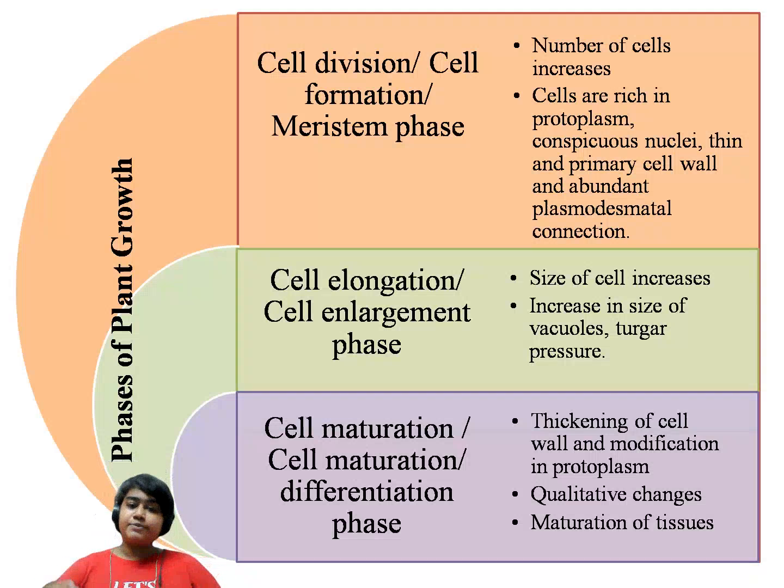In this phase, the divided and enlarged cells modify or change qualitatively. That is, these cells get a thicker cell wall and they form a modified protoplasm. There is no new cell division, only the qualitative character of the cell is changed.